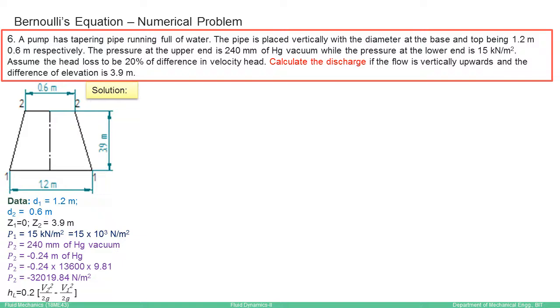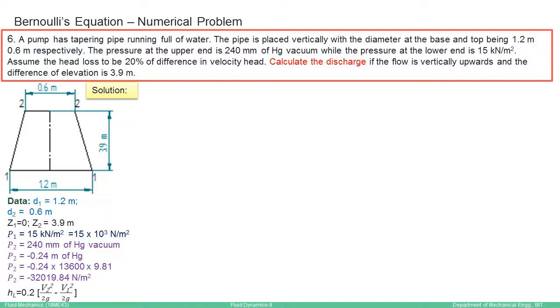Remember, for an incompressible flow through a converging section, the velocity increases from inlet to exit. So velocity at 2 is greater than velocity at 1. Because of that, the difference in kinetic head or velocity head is v2 square by 2g minus v1 square by 2g, and the head loss for this case is 20% of it.